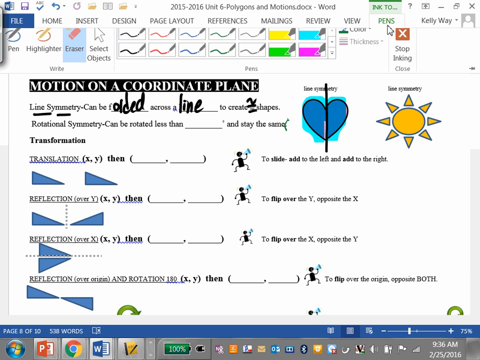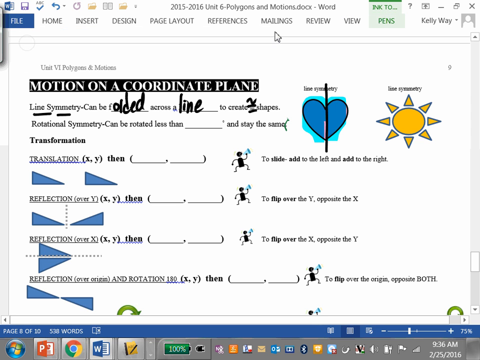Watch carefully. Let's count them together here. 1, 2, 3, 4. You can fold from between and still get the exact same thing. 5, 6, 7, and 8.